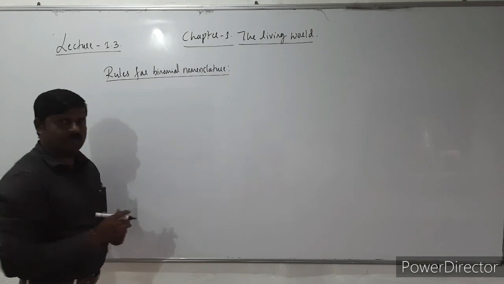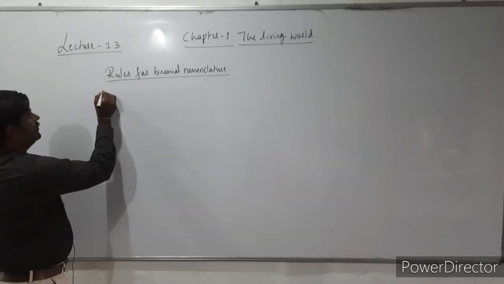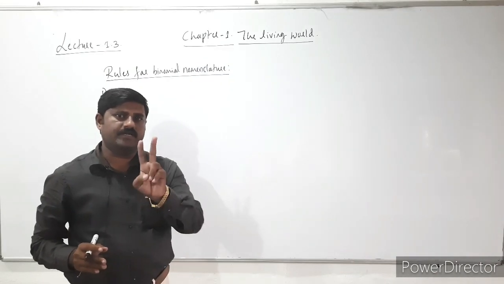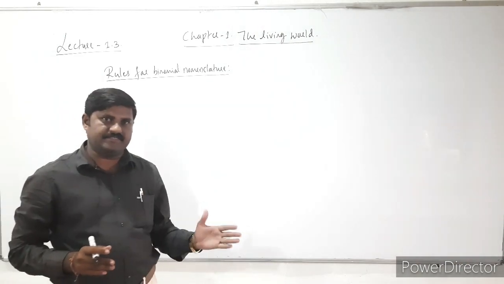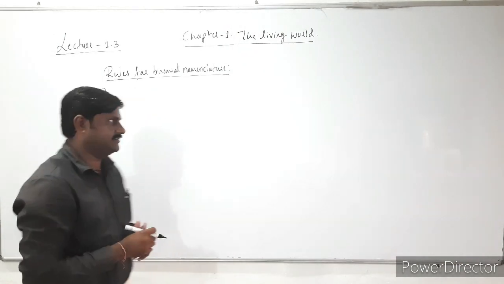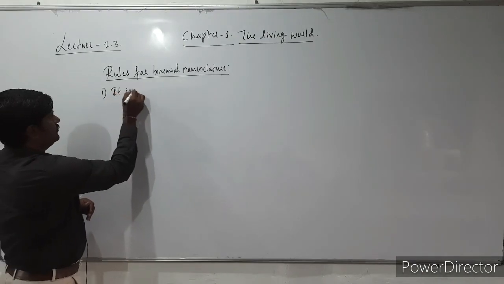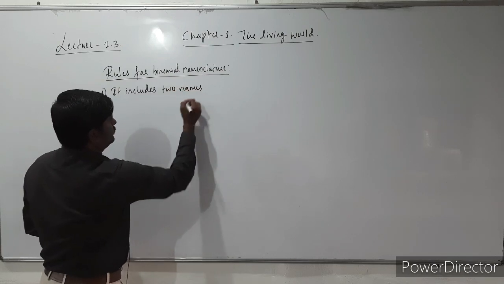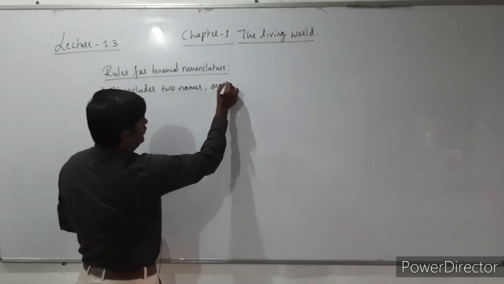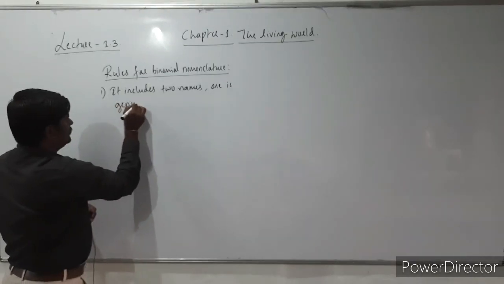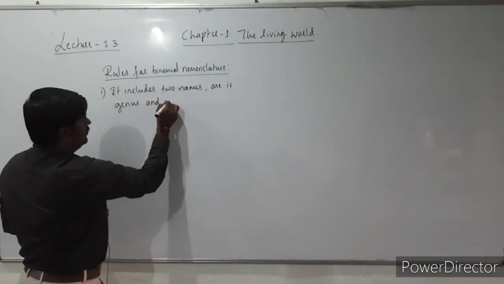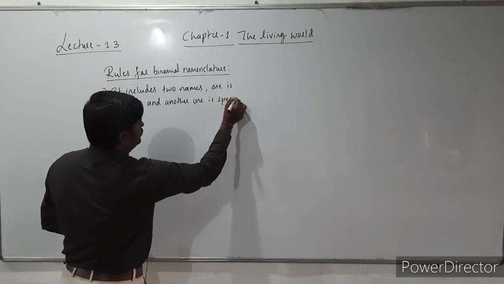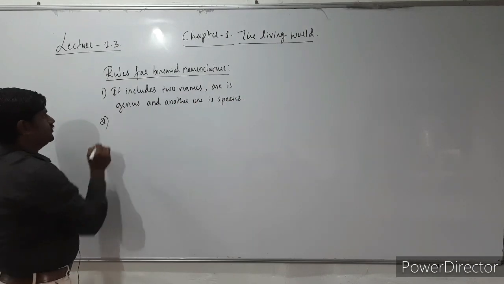Rule number 1: binomial nomenclature includes two names. One is genus and another one is species. This is the first rule.